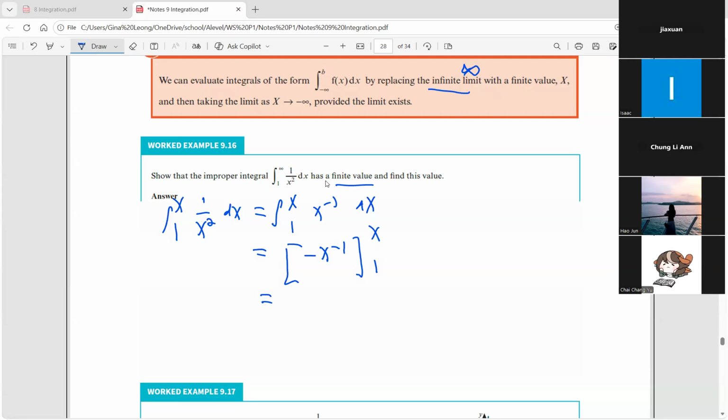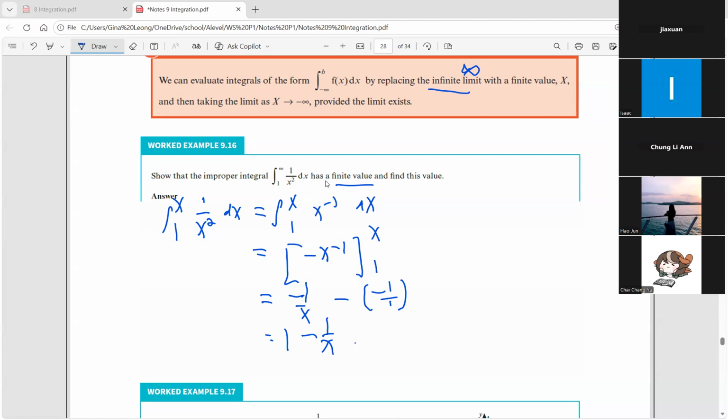So what I will get, I write down 1 over x minus, then minus, right? 1 over 1. I will get this one, minus is plus. So this is what I get. Meaning that I already show it, this one actually has a finite value.